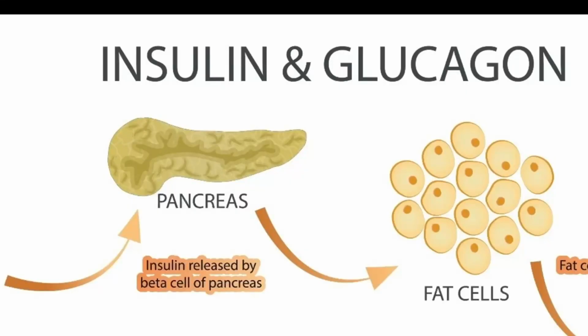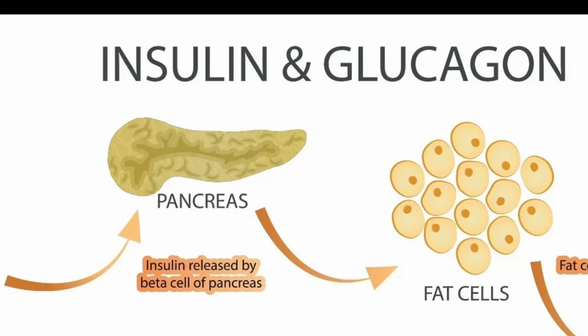Now, two such important hormones that are secreted from the pancreas are insulin and glucagon. They play an important role in maintaining the metabolism and blood glucose levels in our body. So, what happens in our body if there is high blood glucose, for example right after a meal?